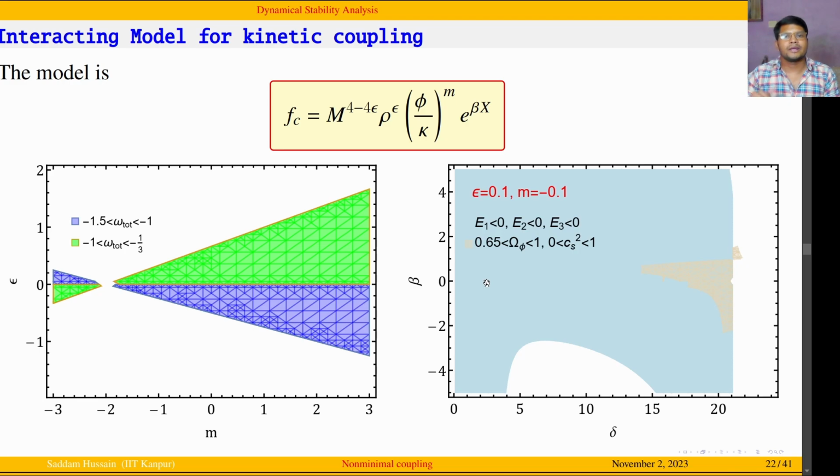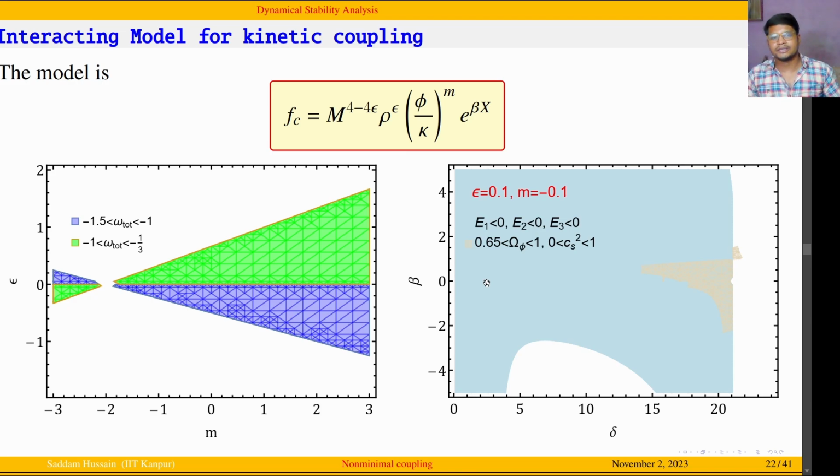So we have abandoned those models, because we understand that if cs square is negative, then it will eventually produce instability at the perturbation level. If you are working with the CMB data and these things, you do not want any kind of instability in your theory, right? So we choose that if any critical point produces the accelerating solution, then we must understand that the field is basically dominating.